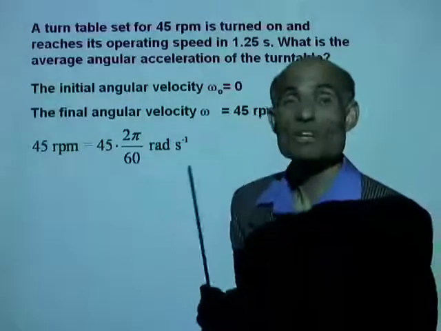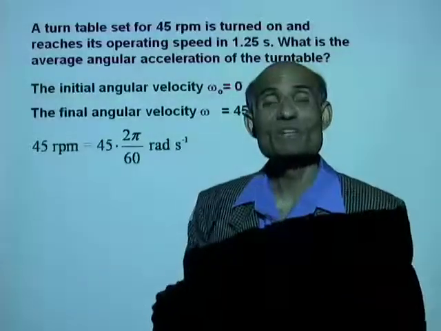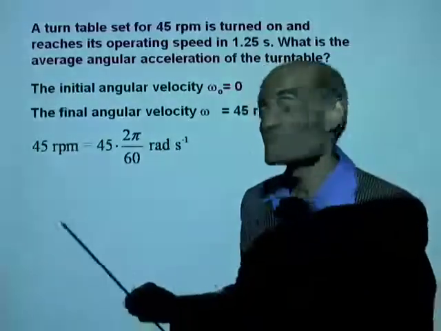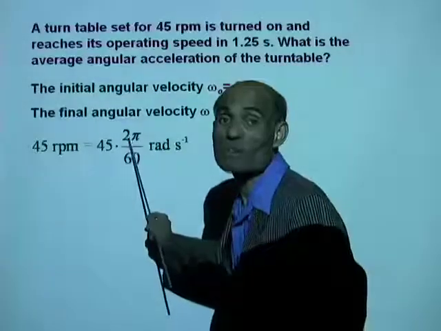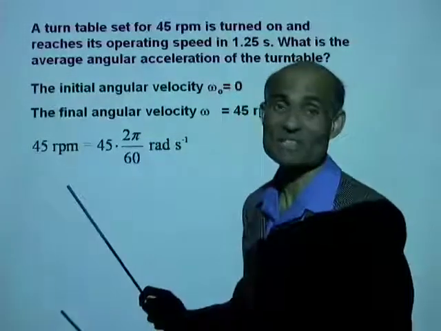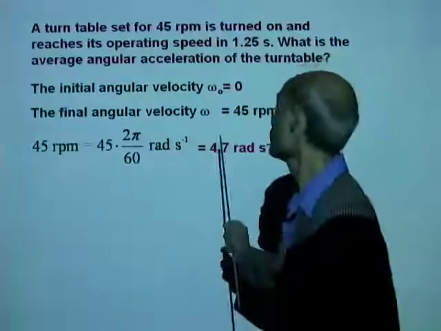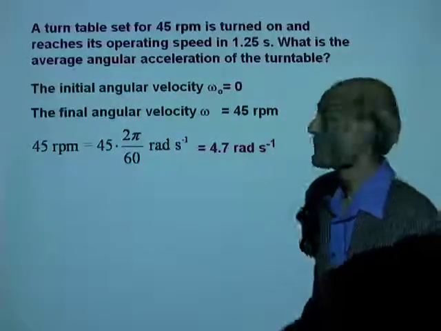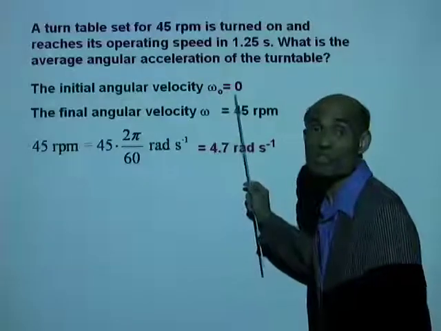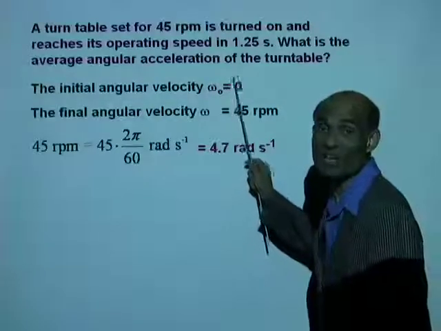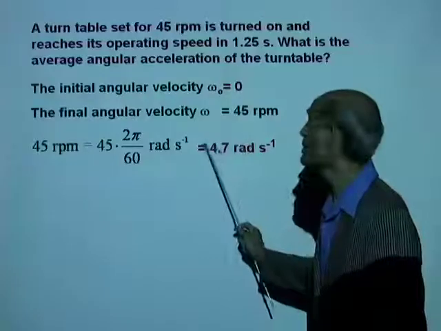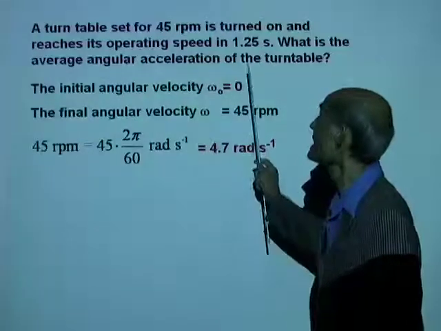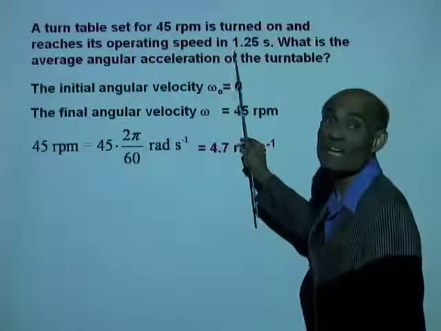To convert revolutions per minute to radian per second, multiply by 2 pi divided by 60, and that is 4.7 radian per second.